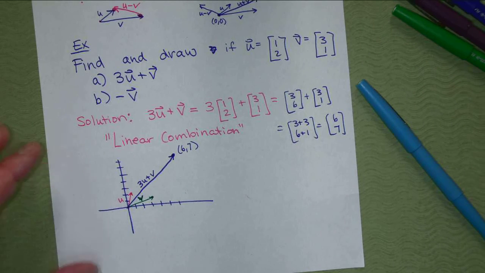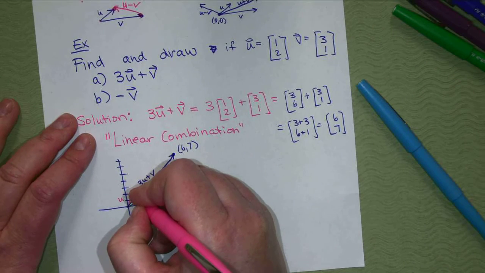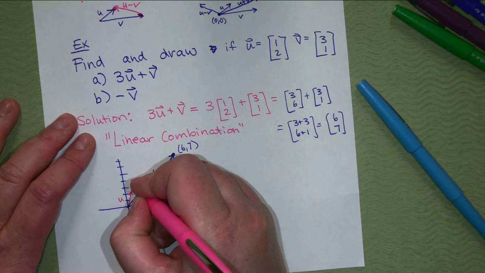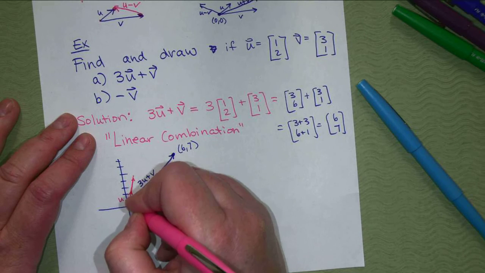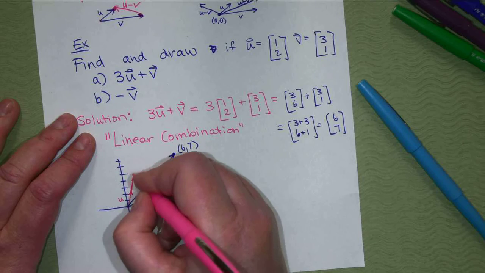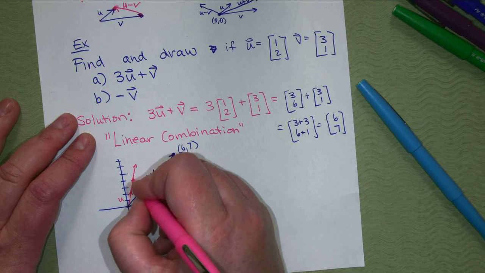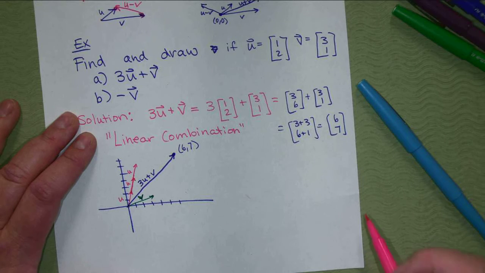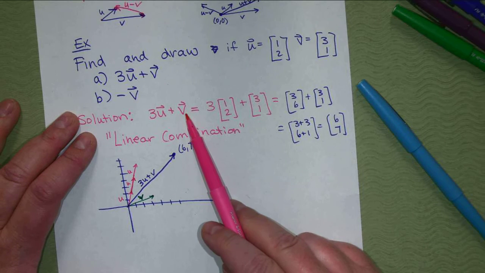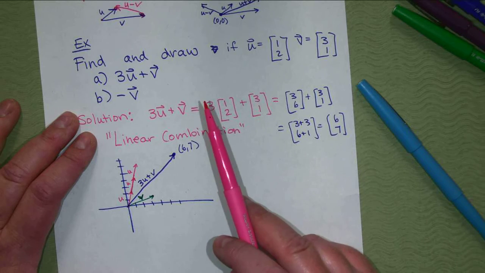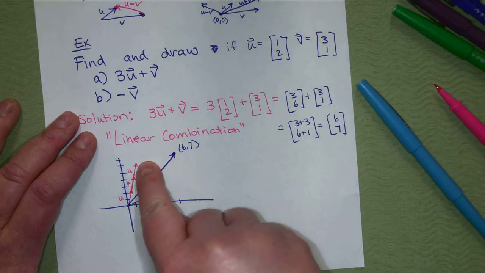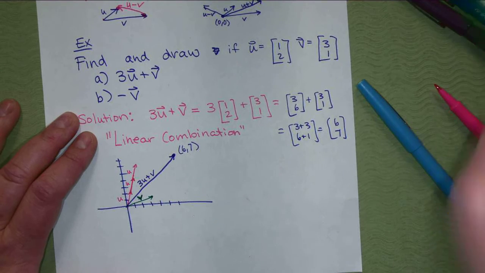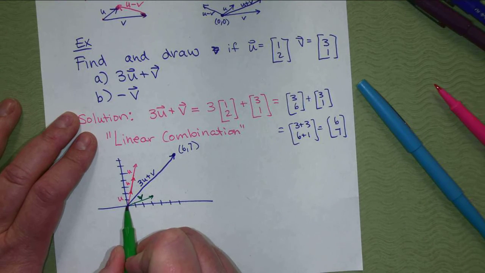So we would have 1, 2, 3. u, u, u. Isn't that 3u? And then what do we want to do to 3u? Add v. So at the end of the 3u, we're going in the v direction. So it looks like this, which is what? Over 3 and up 1.